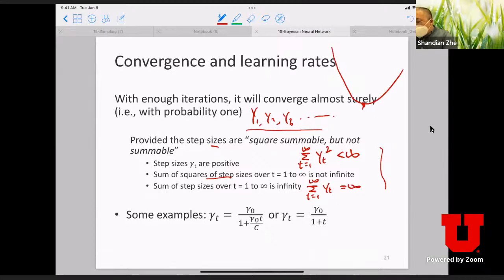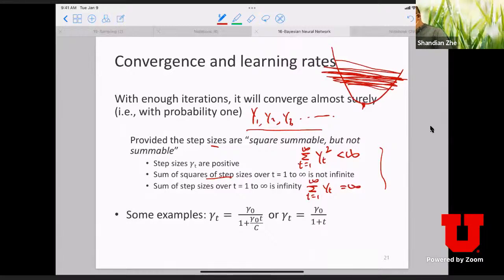The first condition, namely square summable, just means your step sizes are not too large. Imagine if your step size is too large, it is possible that you keep jumping around and never go down to the basin.